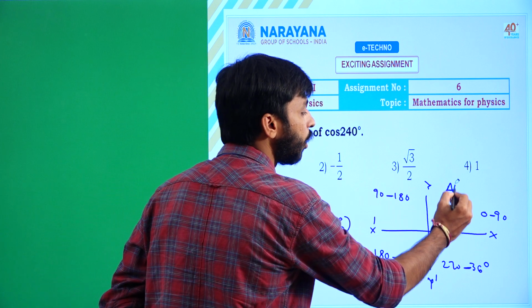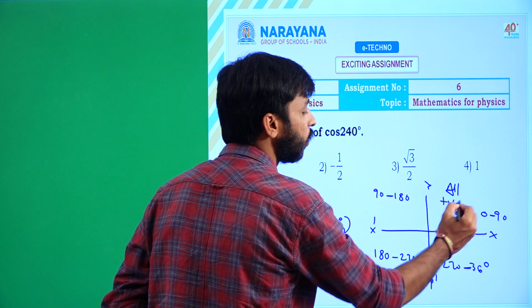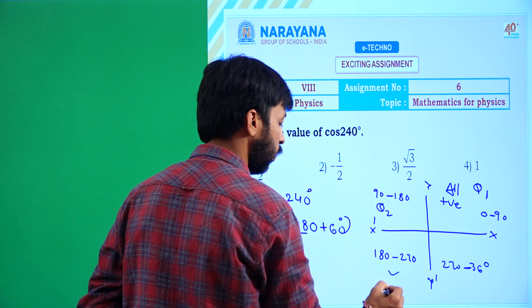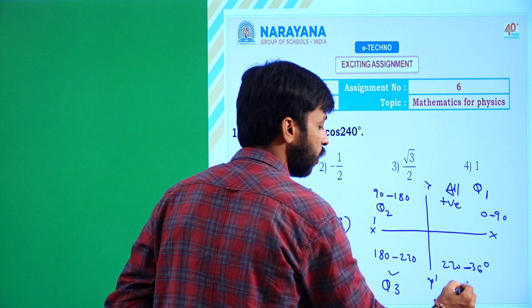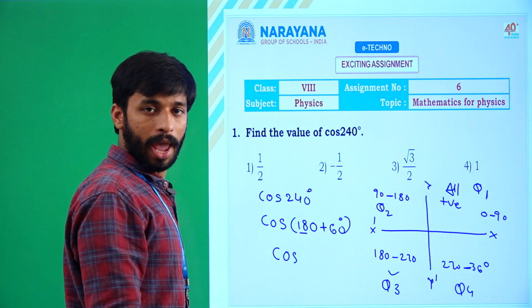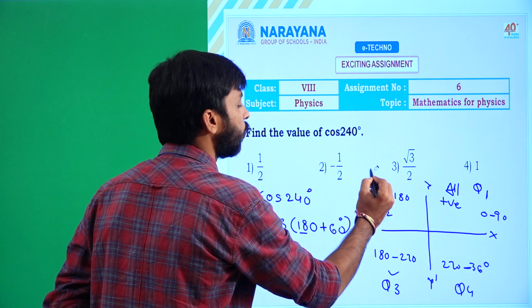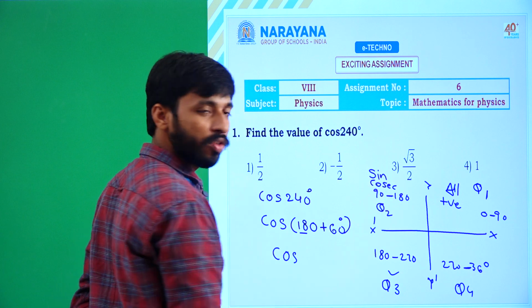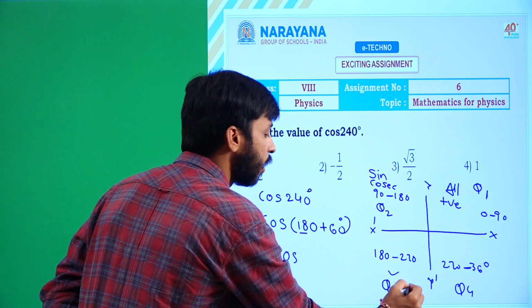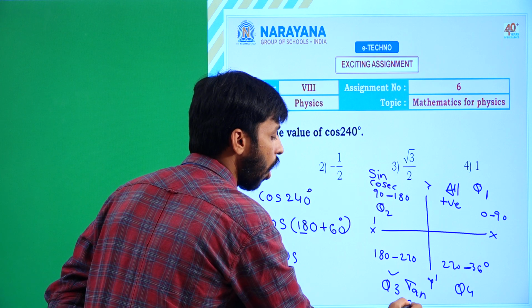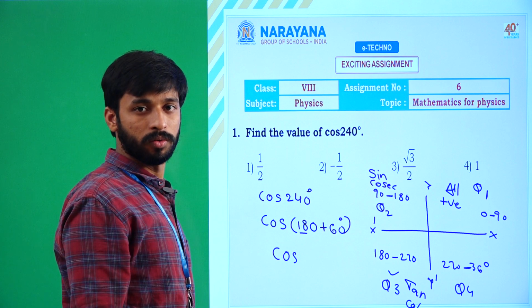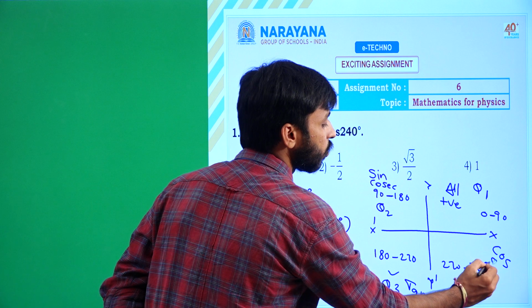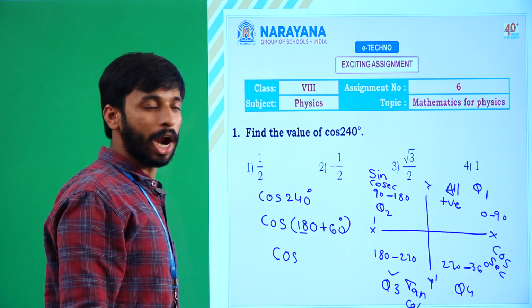So all trigonometric functions are positive in Q1, and for example Q2, Q3, Q4. Here sine and cosecant are positive, here tan and cot are positive, remaining are negative, and here cos and secant are positive according to this diagram.